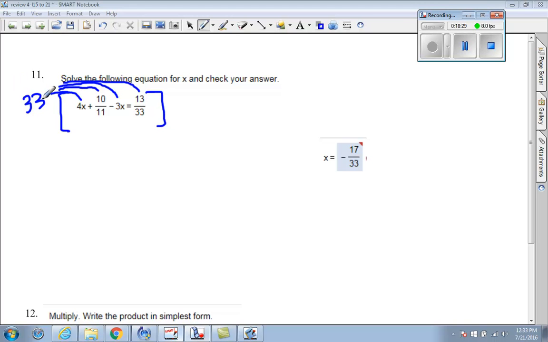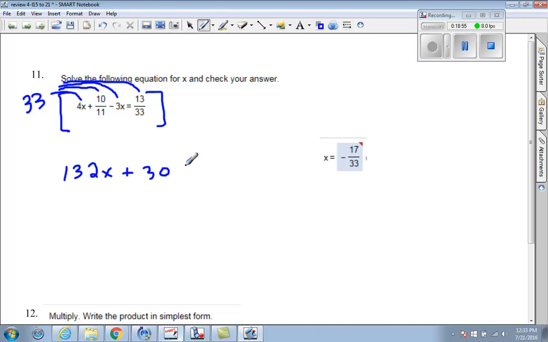Okay, so 33 times 4 is 132. So we'll have 132x plus, and this is just a technique to clear the fractions. 33 times 10 is 330. Divided by 11 is going to take you back to 30.